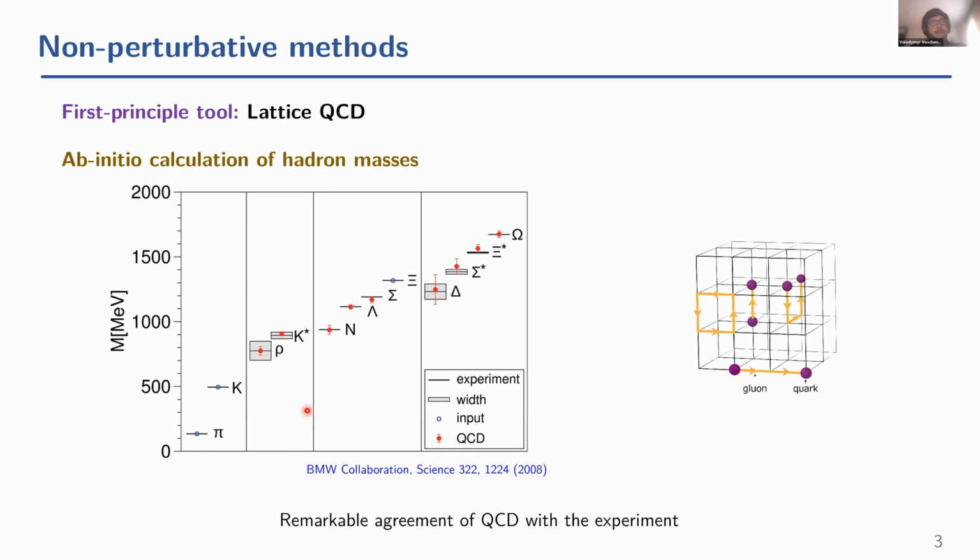This is the result from the BMW collaboration from some 14 years ago, where they used basically three masses as an input to fix the parameters of the theory. There are basically three parameters in QCD for this type of calculation, and everything else then comes out as a prediction of the theory, which can be compared with the experimental data for hadron masses, which are known very well. And as you can see, the agreement of theory with experiment here is quite remarkable.